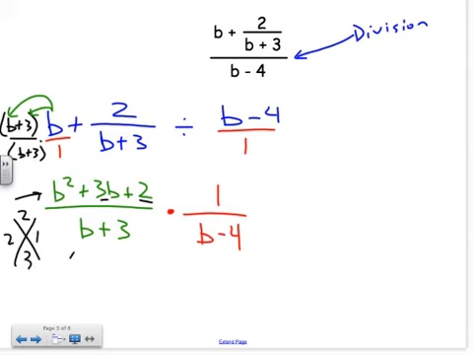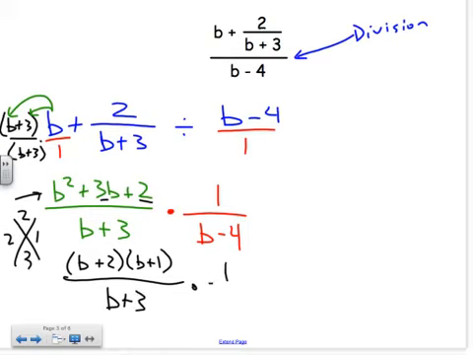So I'm going to rewrite this top one as b plus 2 and b plus 1 over my b plus 3 still, times 1 over b minus 4. And now I see if anything cancels, which I don't believe it does. So we're just going to multiply everything on top across. So b plus 2 times b plus 1 times 1. Well, that's just my b plus 2 times b plus 1.